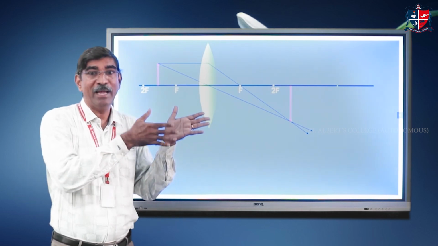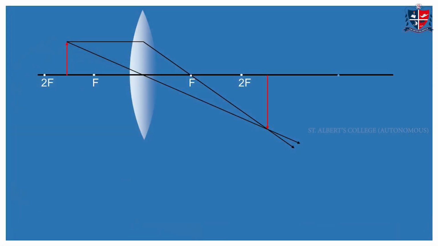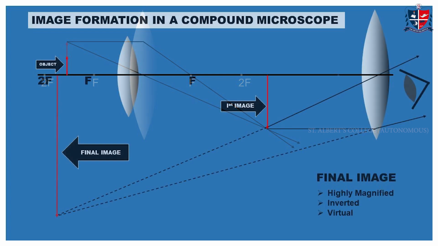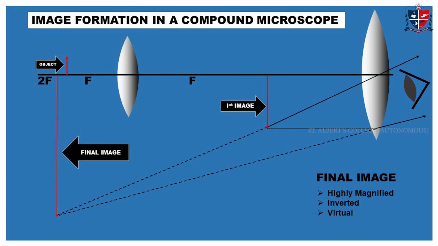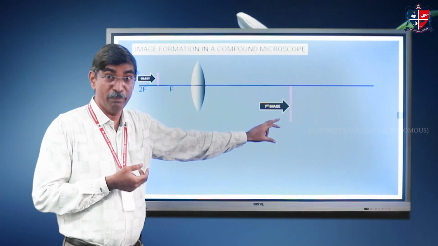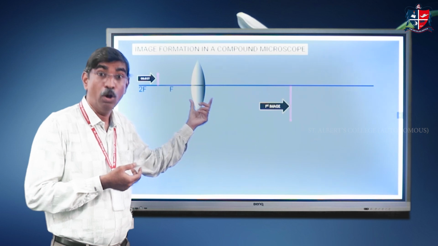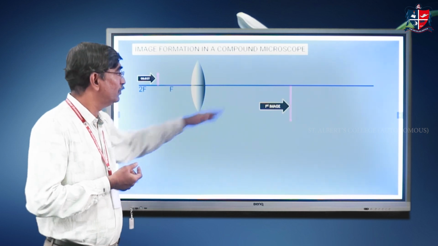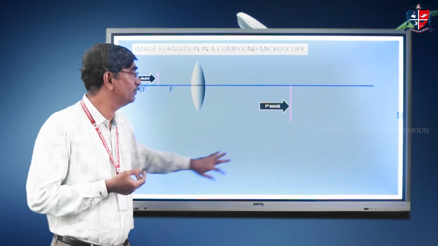So here the magnification of the first lens is still magnified with the second lens. Let us see how it is possible. So this is the object that we have placed. Then this is the first image formed by the objective lens. See, it is magnified.